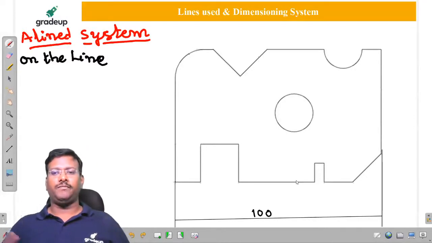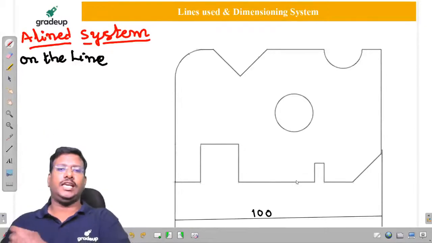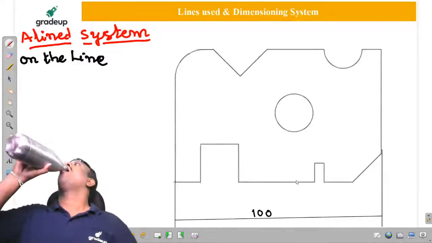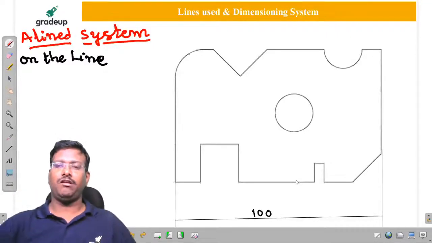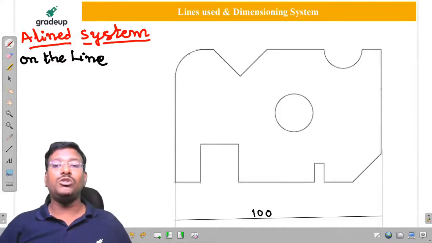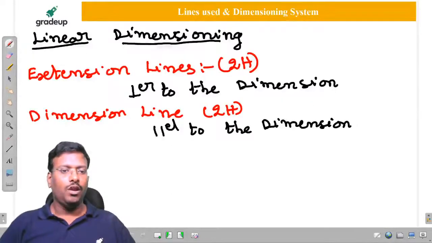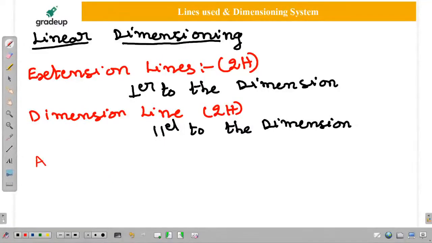I hope you are already familiar with this. Yes, perfect. We'll use the arrow. Arrows are used to give the location, the starting reference.